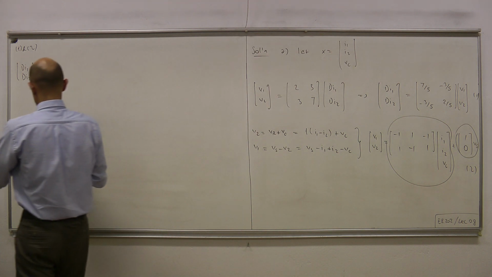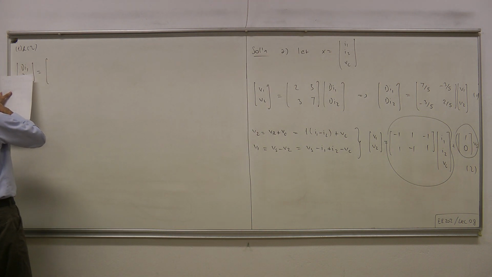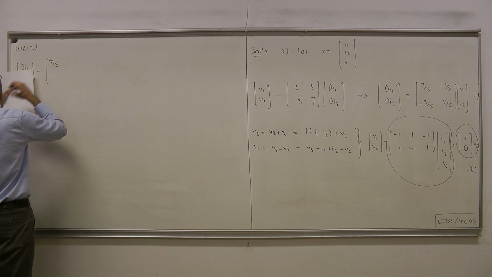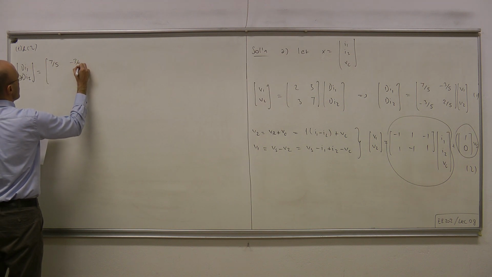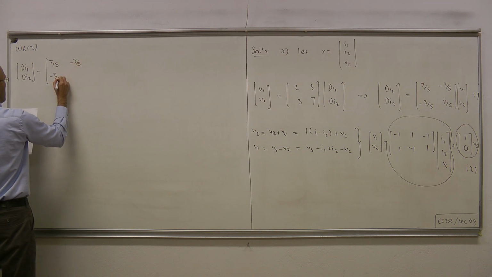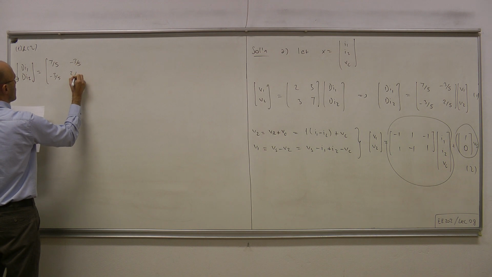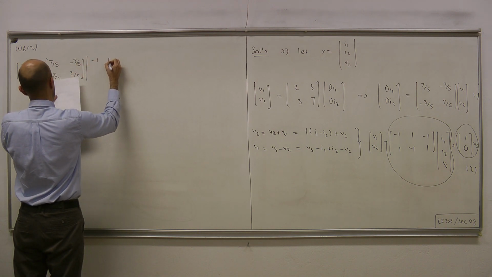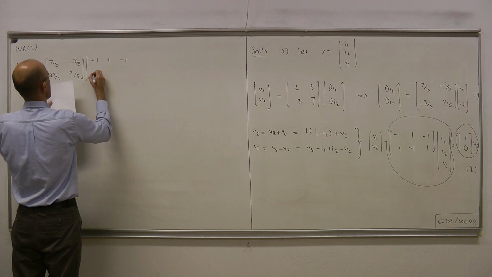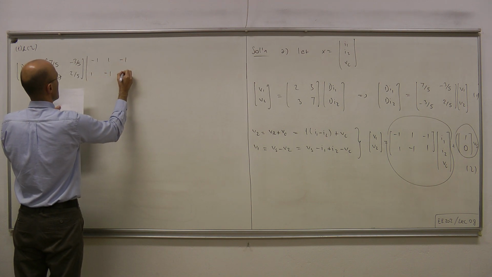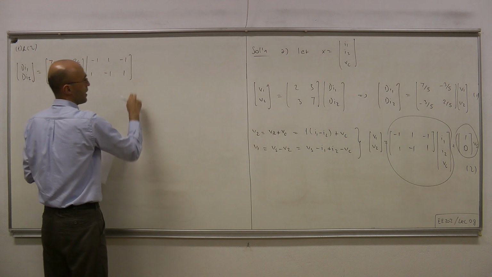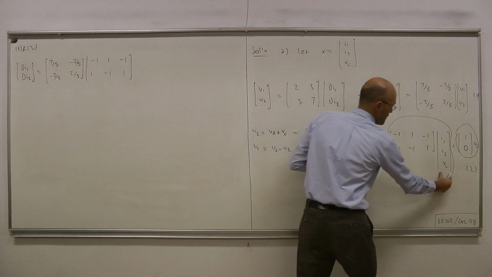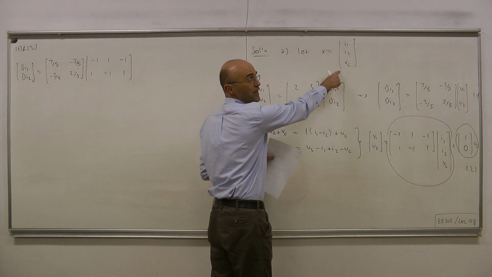So what we have is the inverse of the inductance matrix, which is 7 over 5, minus 3 over 5, minus 3 over 5, 2 over 5, times minus 1, 1, minus 1, 1, minus 1, 1, times this, which is our state vector.